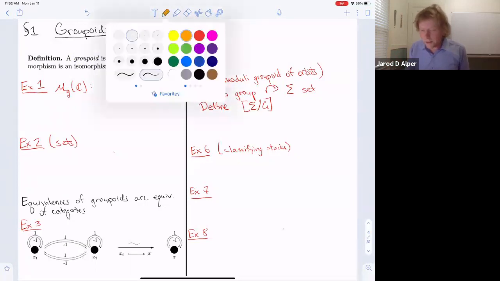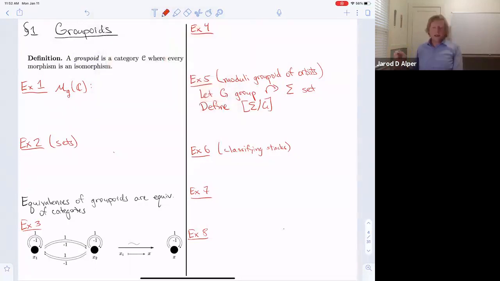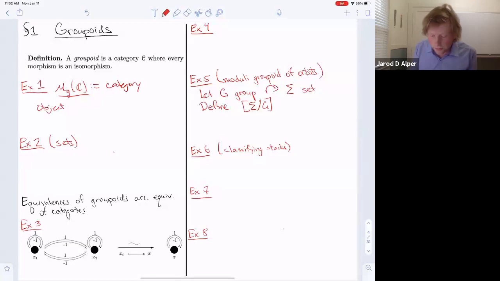So let's turn to examples. The first example is going to be Mg of C. This will be the category where an object equals a smooth, connected, projective curve over C of genus g.